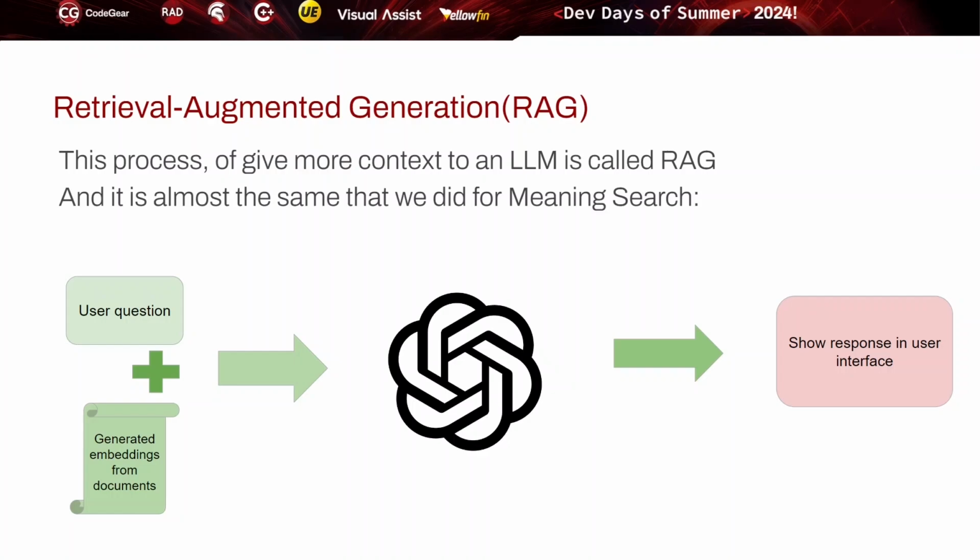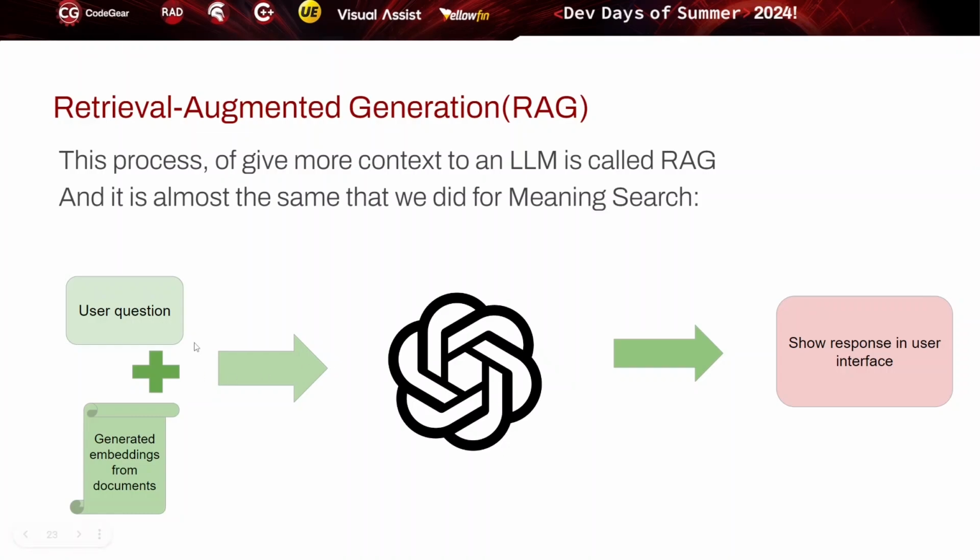But instead of only sending the embeddings from the user question to the database, we will search over our database for documents that contain the meaning that the user searched, and after that take those concepts and send them to the LLM to do the search and write the response to our user.